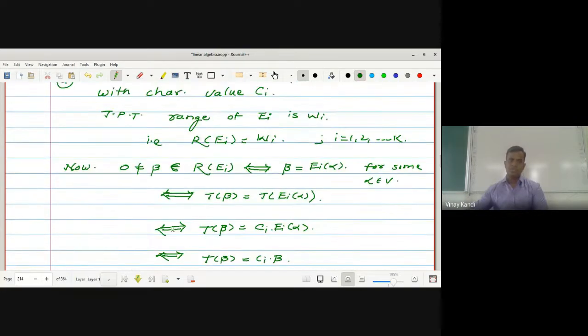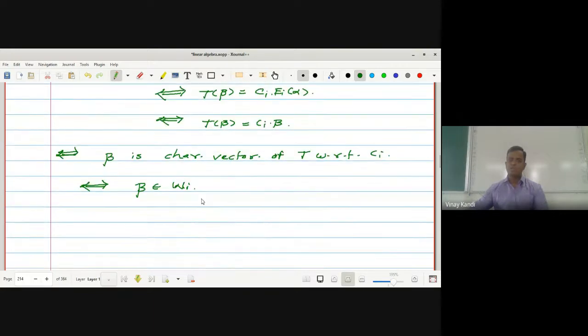So here we took beta as any element of range of Ei. Now this beta belongs to Wi.